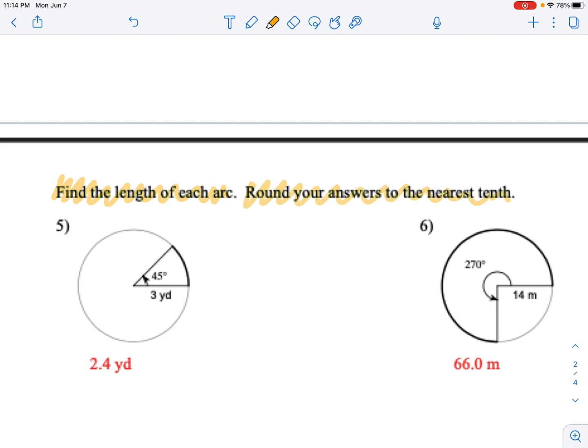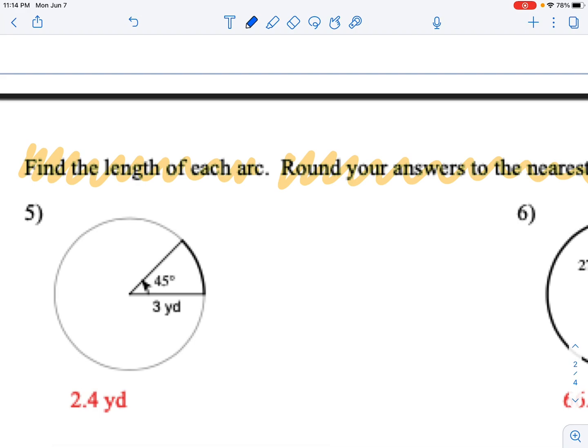Round your answers to the nearest tenth. So on this one, they want us to find this arc right here.